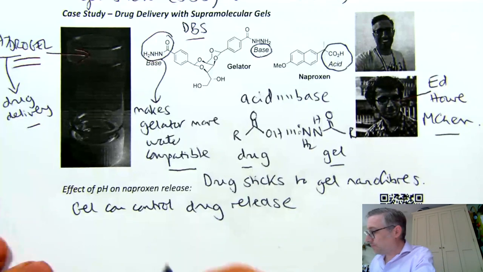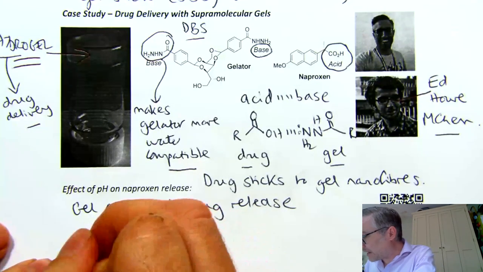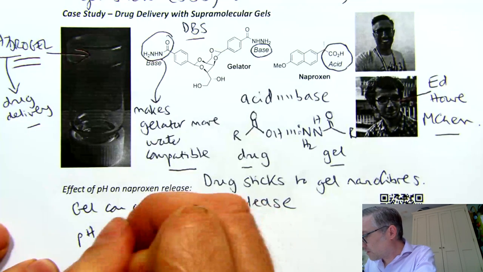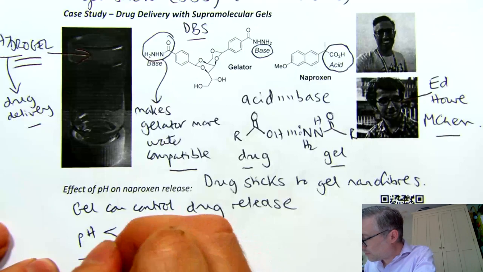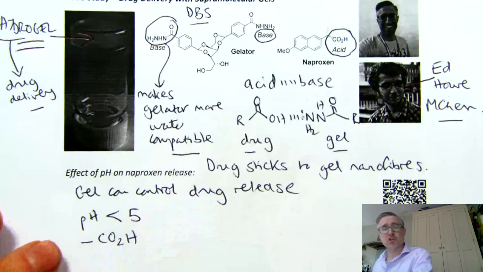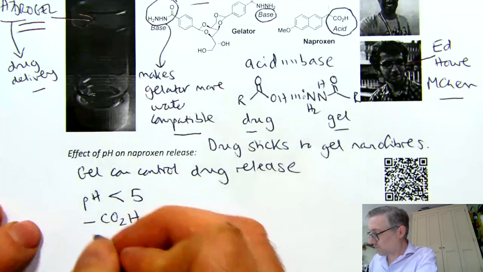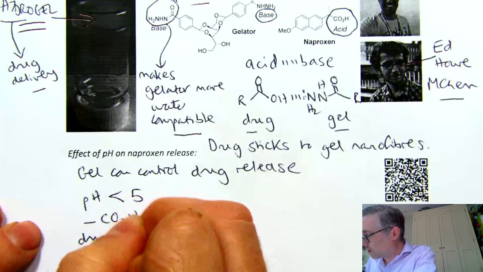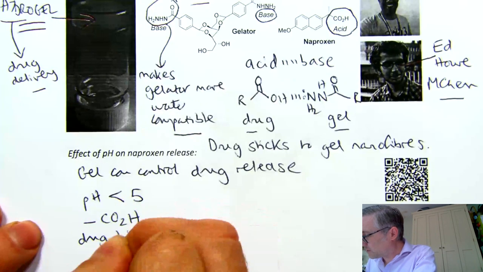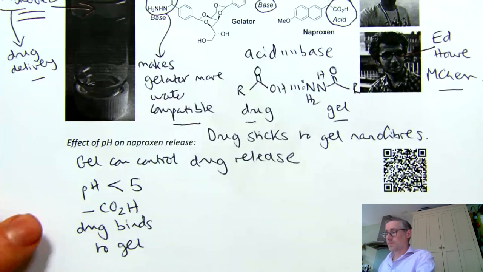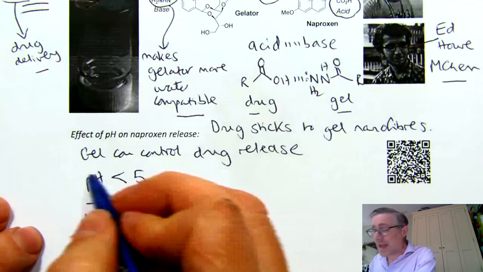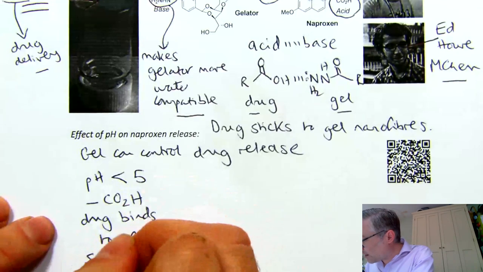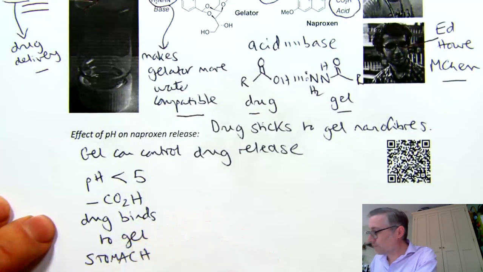How does that happen? Well, when you're at pH below 5, you have CO2H, and the drug binds to the gel because the acid interacts with that amine. pH below 5 is what you get in the stomach.